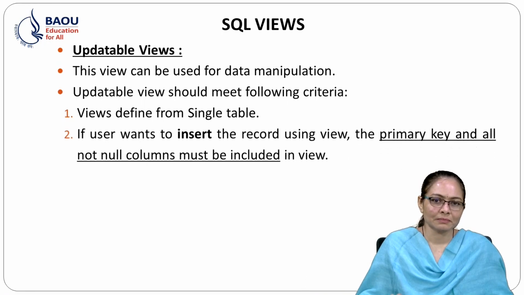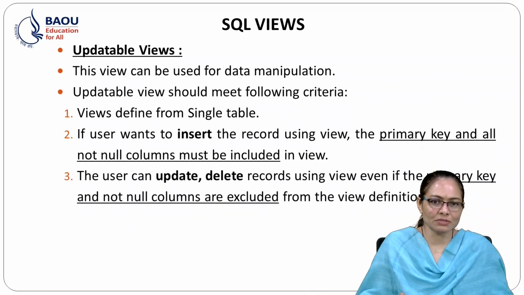Second, if the user wants to insert a record using the view, the primary key and all not null columns must be included in the view. Using a view, we cannot insert duplicate data in a table if we define a primary key in the table. Third, the user can update and delete records using the view even if the primary key and not null columns are excluded from the view definition.